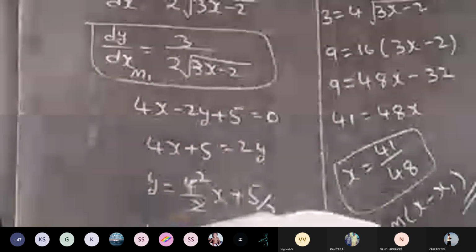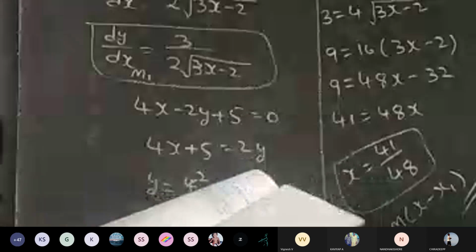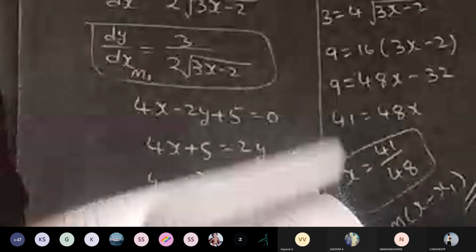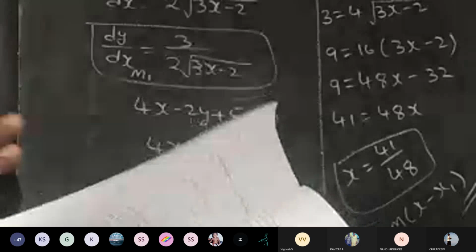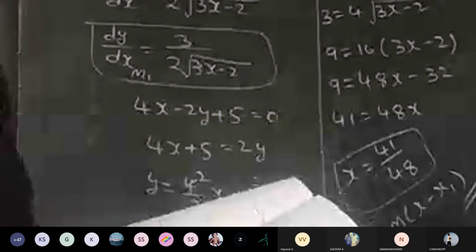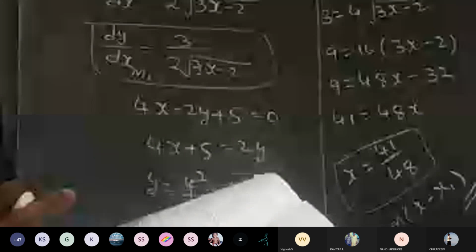So the next concept, approximate values, we'll teach tomorrow. Okay, once you can revise if you completed this and all. Approximate values are easy only, this concept.